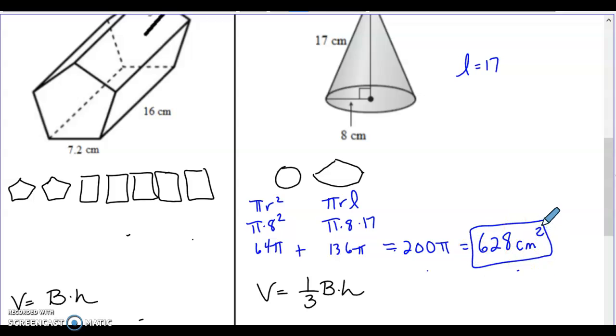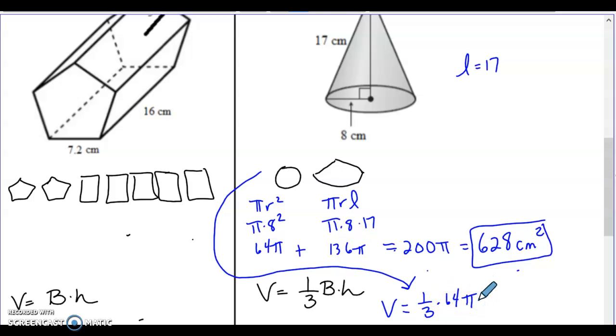Now on the volume here, we would have 1/3. Big B, what shape is the base? Well, it's the circle. So the circle is my base. Well, I knew the circle was 64 pi. Now the height is not the slanted height. The height is how tall the cone is.